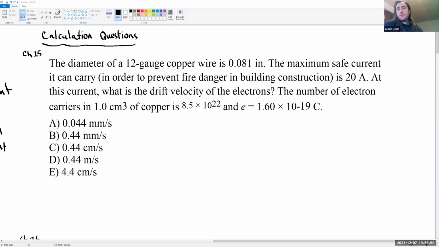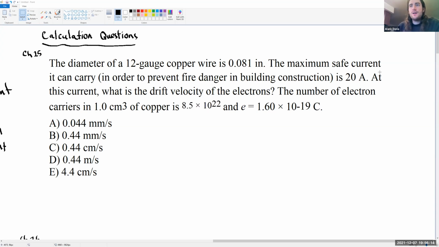At this current, what is the drift velocity of the electrons? The number of electron carriers in 1 cubic centimeter of copper is 8.5 times 10 to the 22, and the fundamental charge unit e is 1.60 times 10 to the negative 19 coulombs.